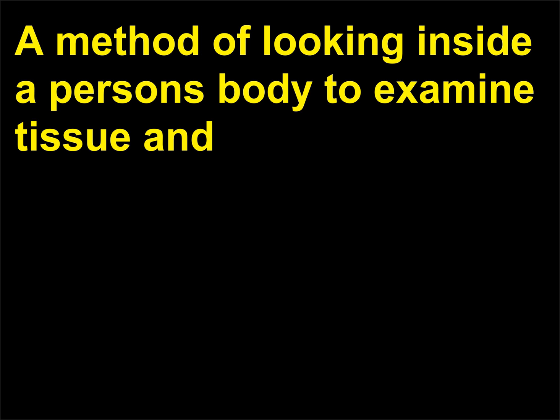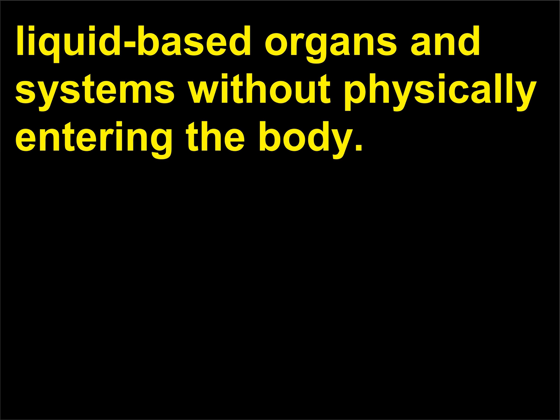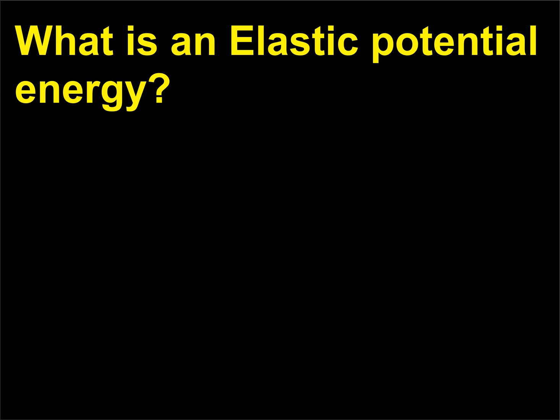A method of looking inside a person's body to examine tissue and liquid-based organs and systems without physically entering the body. What is an elastic potential energy? The energy in the squeezed spring or stretched band.